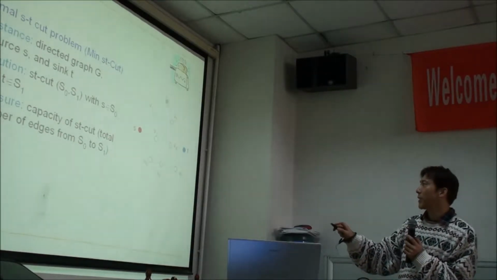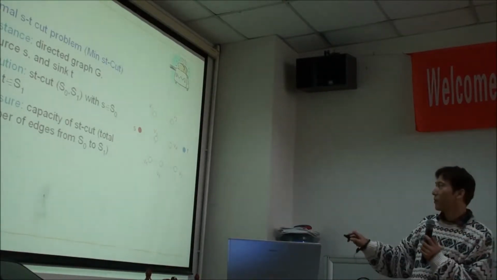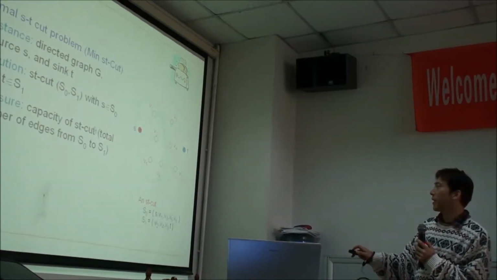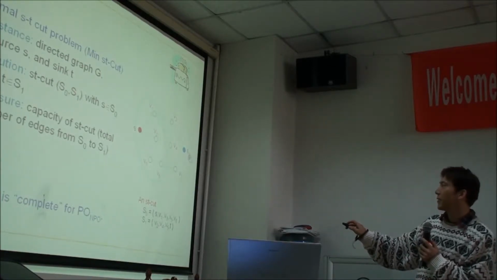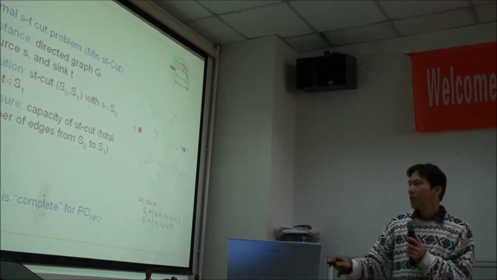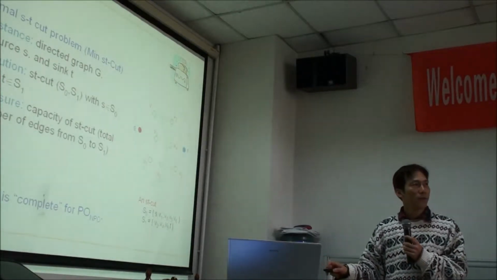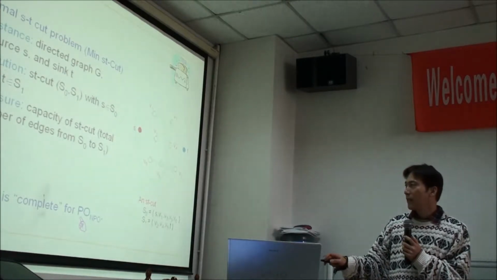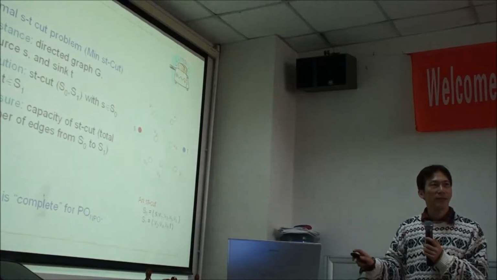That's the number of edges that are crossing from one set to the other set. One typical example is something like this one here, right? One set contains S, the other set contains T. So this problem is complete for PO, that is, the NPO problems whose optimal solution is exactly calculated in polynomial time.